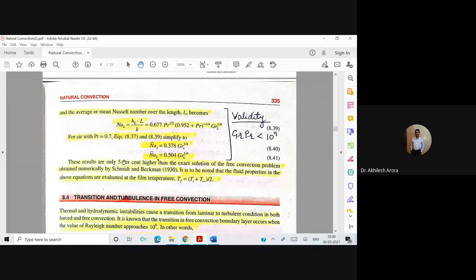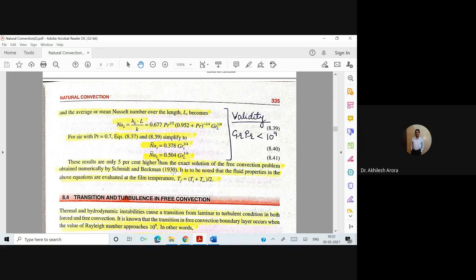And what it says here is that these results are 5% higher than the exact solution of the free convection problem obtained numerically by Schmidt and Beckmann in 1930. So this analysis which we are doing is basically an integral analysis of the boundary layer, and the results which we are getting here are not the exact results. So these are 5% higher than the exact solutions given by Schmidt and Beckmann.